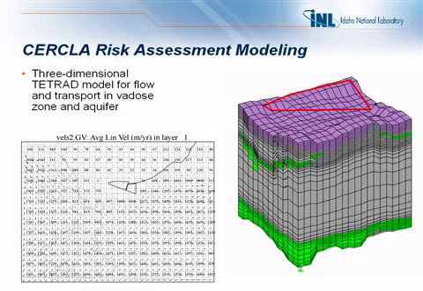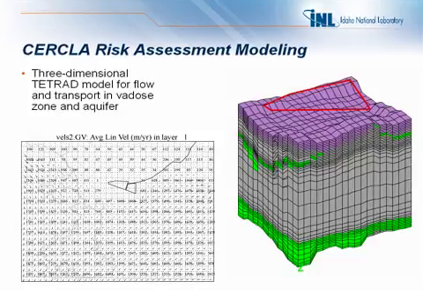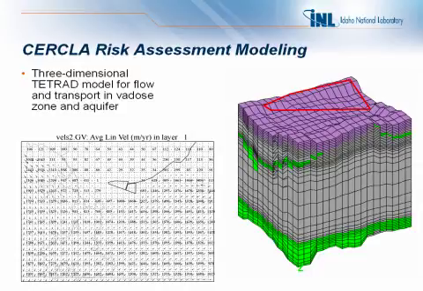The CERCLA risk assessment model, we had the three-dimensional TETRAD model for flow and transport. There's the model domain of the vadose zone. It was linked or coupled to the saturated zone, and Jeff, correct me if I'm wrong on any of this. Jeff did a lot of the modeling. One of the key aspects to this too was a low permeability zone underlying the RWMC.